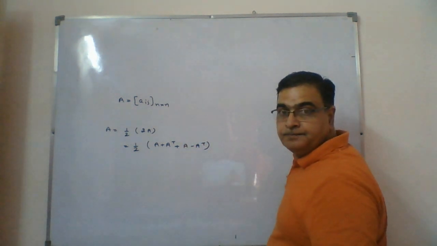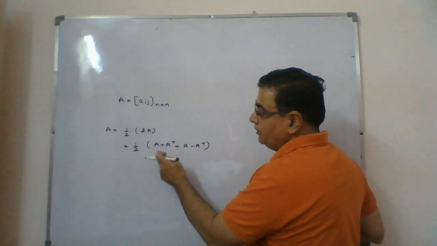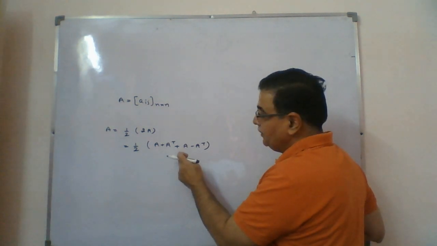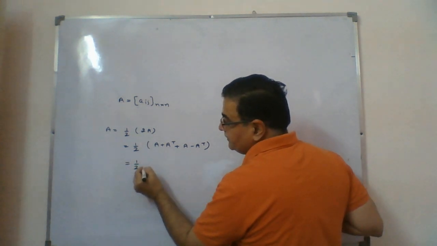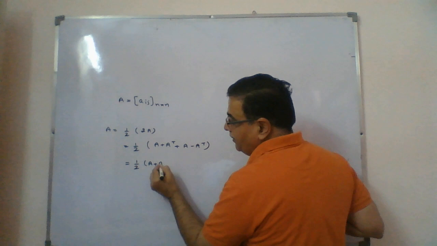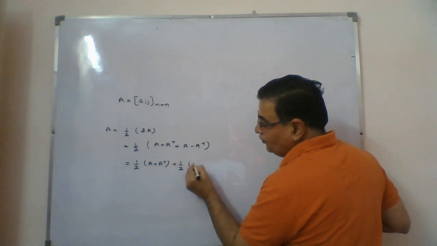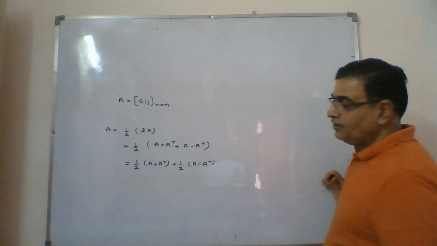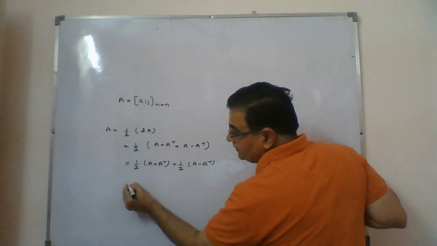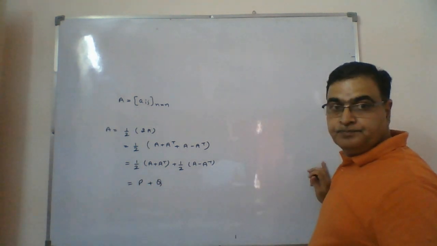Nothing wrong in it. Or you can write this as half of A plus A transpose plus half of A minus A transpose. Let this be taken as P, and this will be taken as Q.